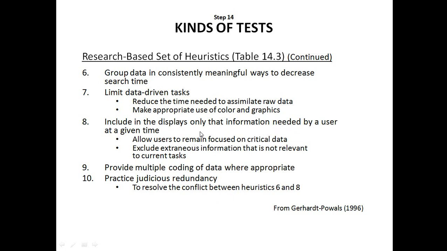Allow the user to remain focused on critical data. Exclude extraneous information that is not relevant to the current tasks here. Provide multiple coding of data where appropriate. Practice judicious redundancy to resolve the conflict between these heuristics 6 and 8 here.